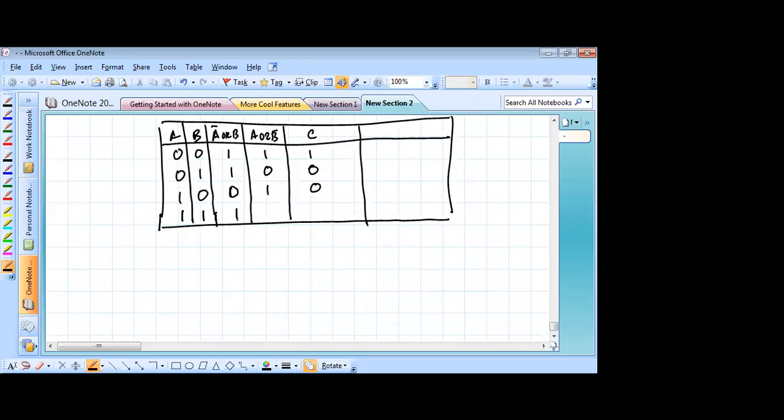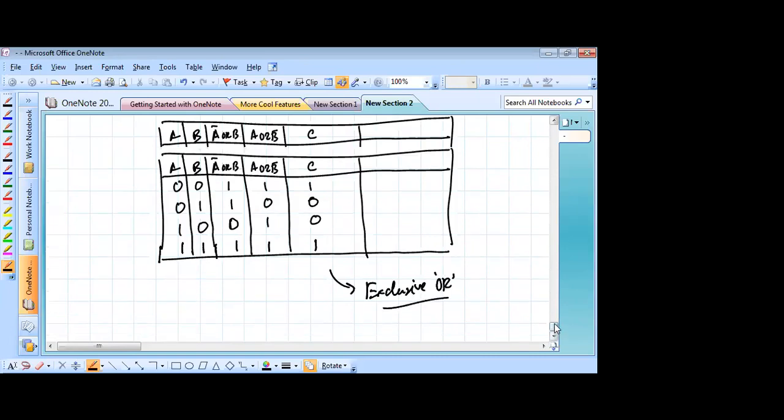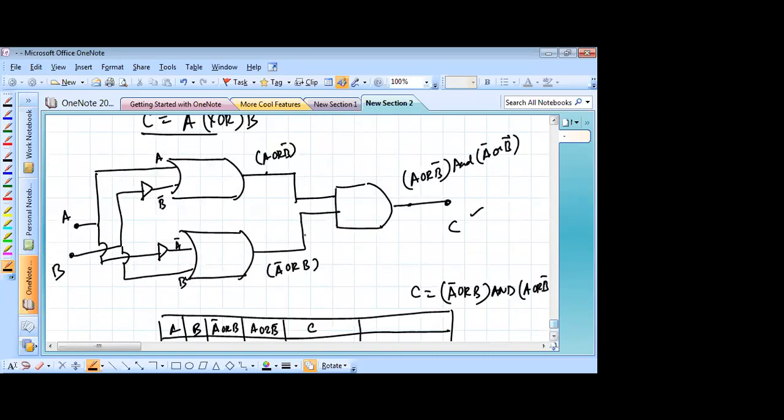So 0 or 1 is 1. This becomes 1 or 0, which is also 1, and 1 and 1 becomes 1. So this is the exclusive OR function. So the exclusive OR function can be implemented using a chain of logic gates like this. So this is the part of logic gates which you have to know. Okay.